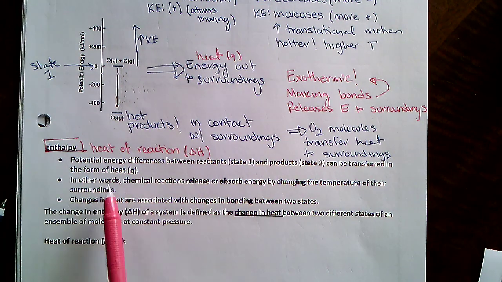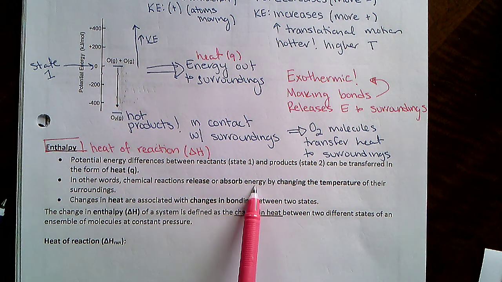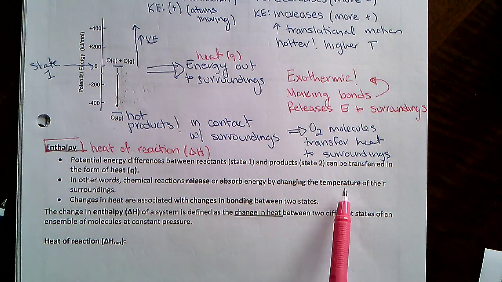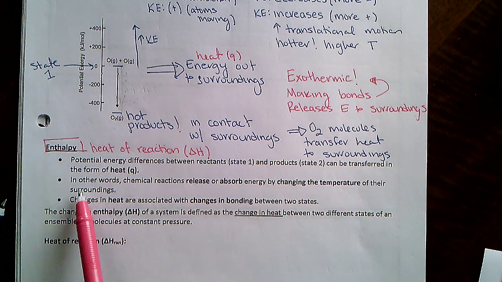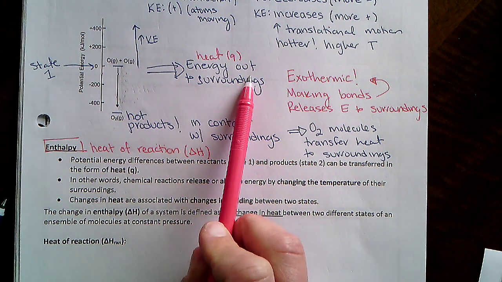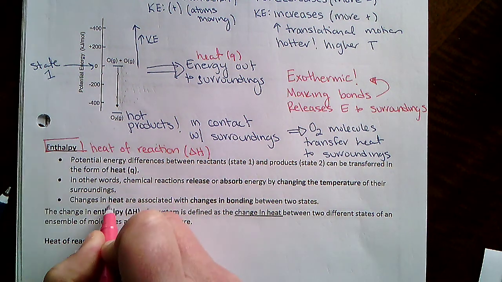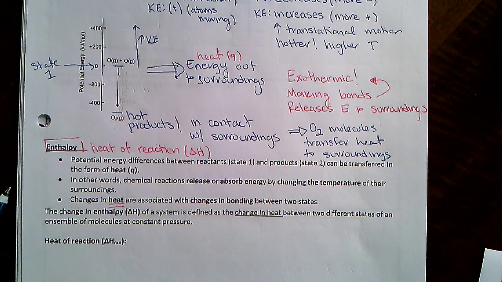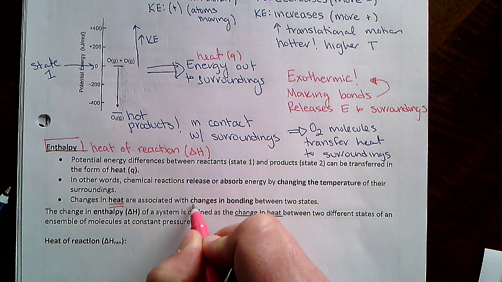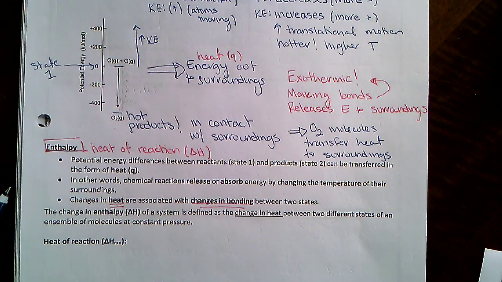In other words, chemical reactions are either going to release or absorb energy by changing the temperature of their surroundings. When you transfer heat out, you're changing the temperature of the surroundings. So anytime heat's being transferred, that's going to be associated with changes in bonding.